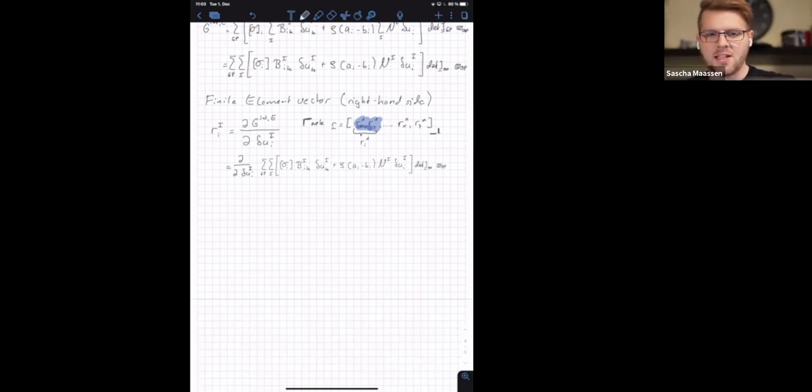So now we can actually perform these derivations, and we see that we derive here with respect to variation of ui. And we see we have a variation of ui in here, and we have a variation of uik in here.